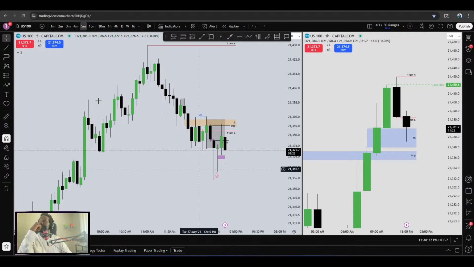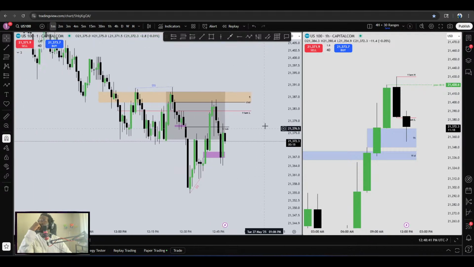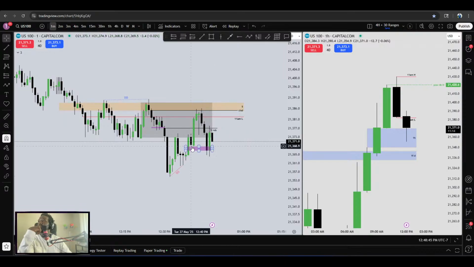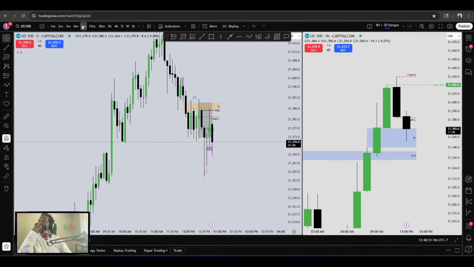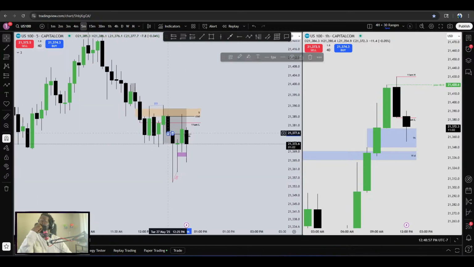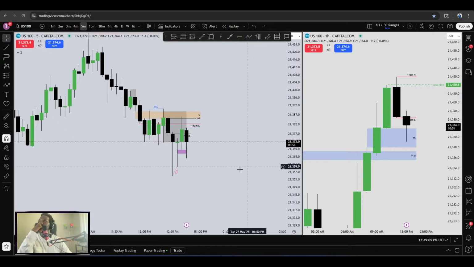Trying to see what's the game plan here. So the body's been held at that fair value gap. I'm gonna delete that one right there. Okay, a few seconds to 1250.